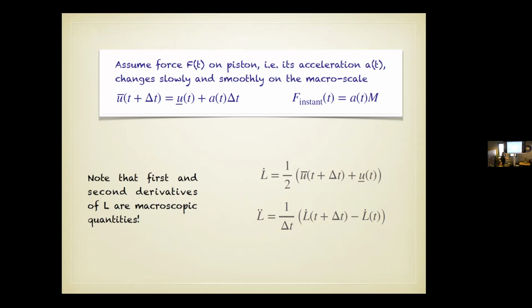Now we can put up some natural equations. The velocity directly before the next particle hits is simply the velocity directly after the previous particle hit plus the acceleration that we put on the piston times t.